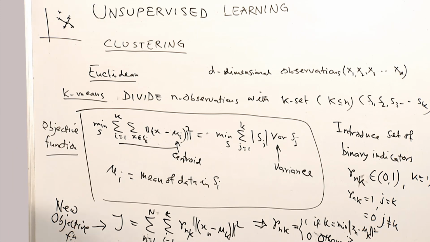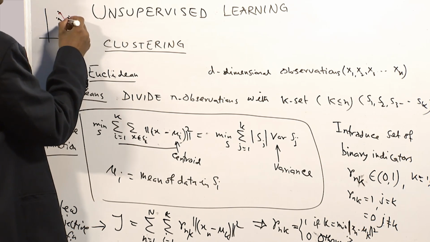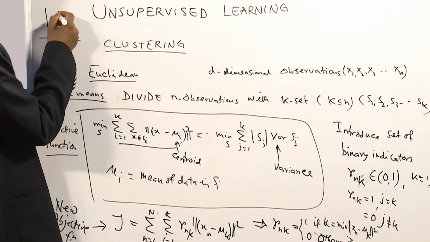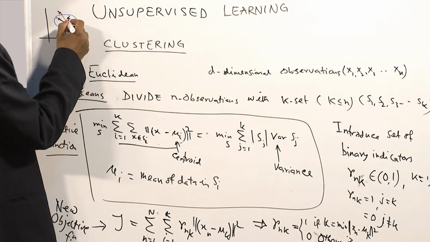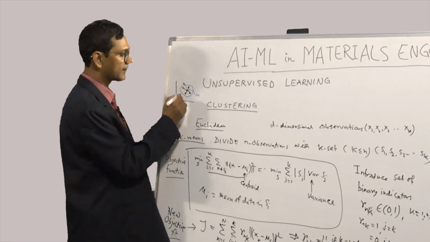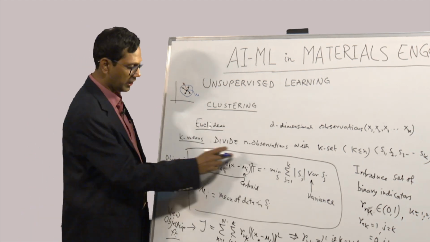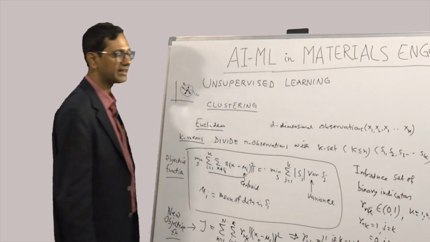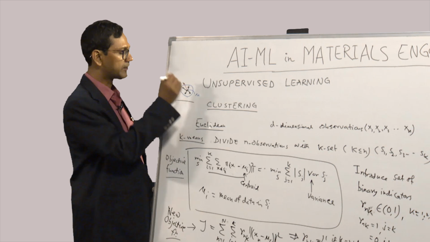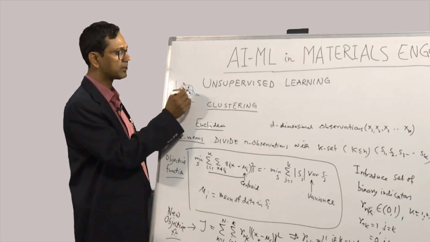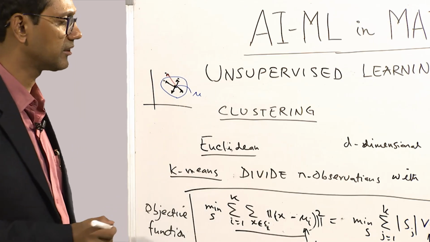Therefore, this point does not belong to this cluster, rather this cluster will be this, where this is the mean mu. So, in order to sort out this complex equation much more easily, we introduce this binary indicator r_nk. After putting in my mean, which of these 4-5 points will be part of this cluster, right.